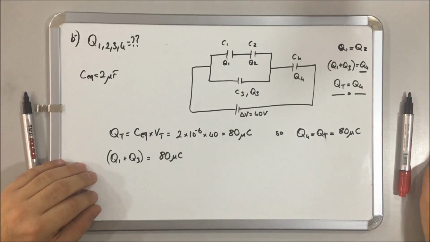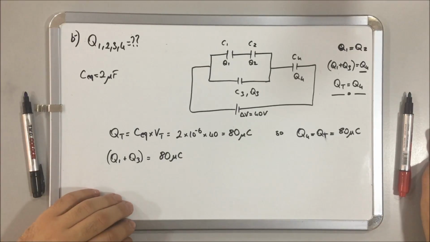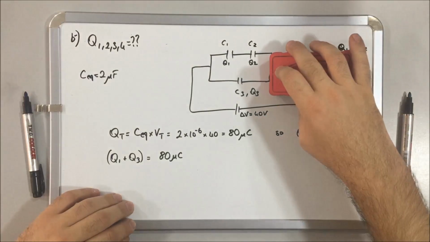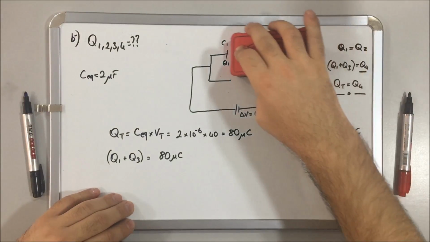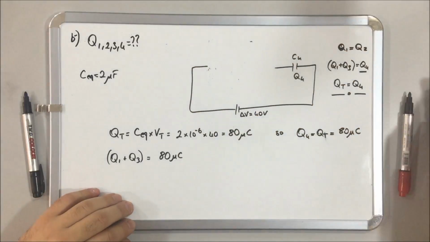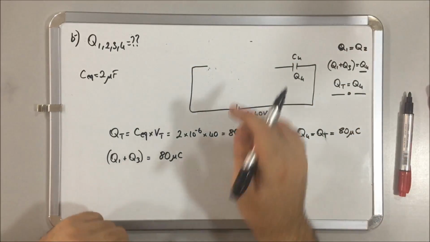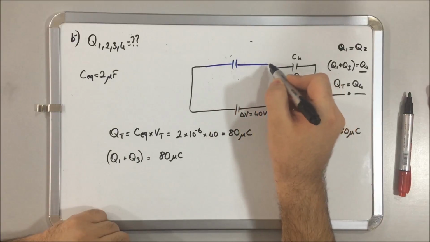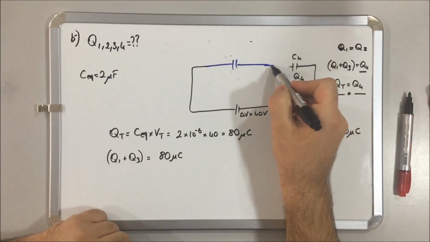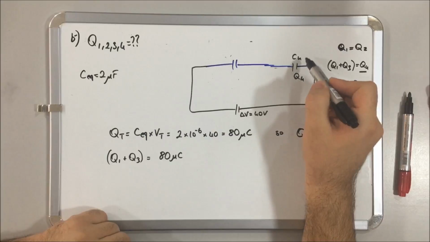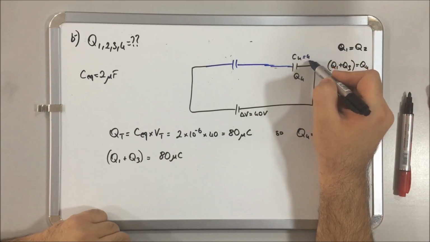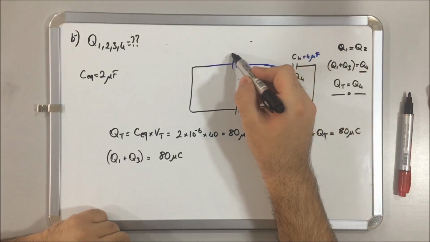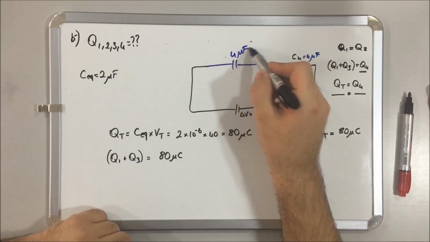And now let's calculate the Q3. And from the solution of A, I draw that again, as you remember. This will be 4 microfarad and this one is 4 microfarad.